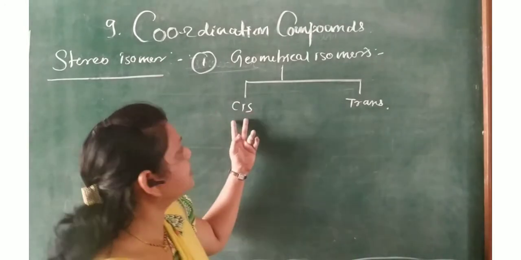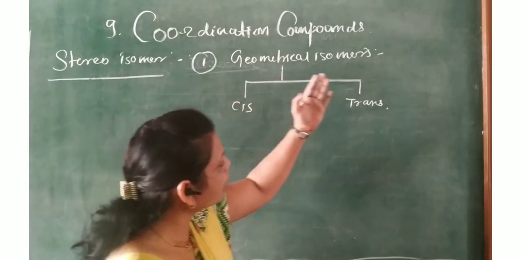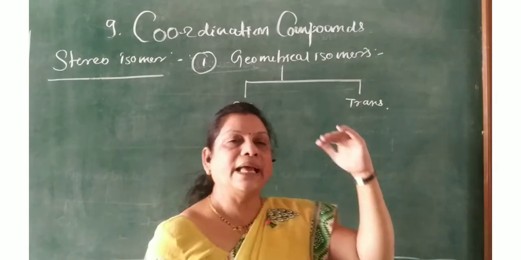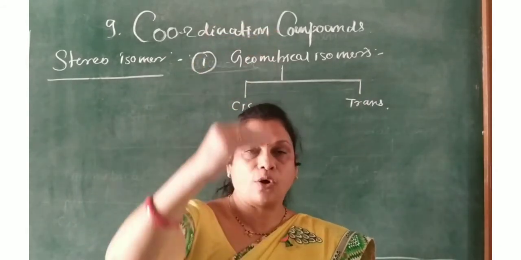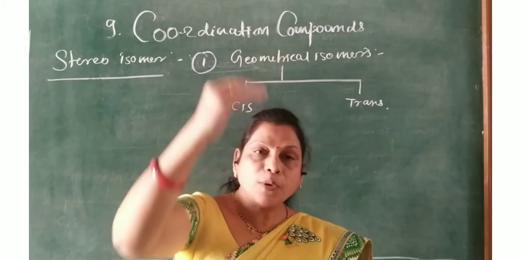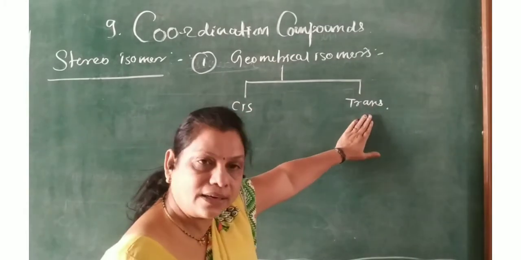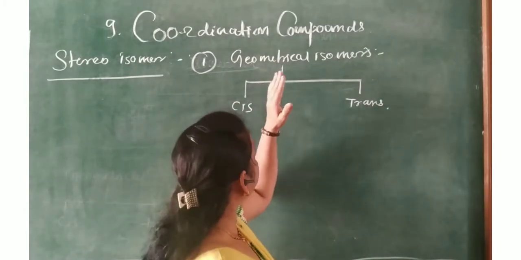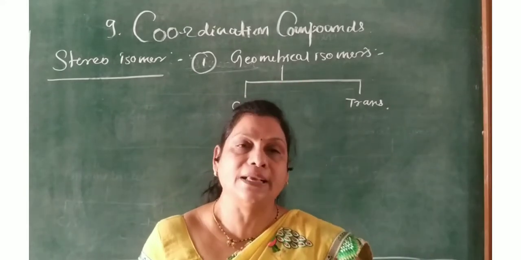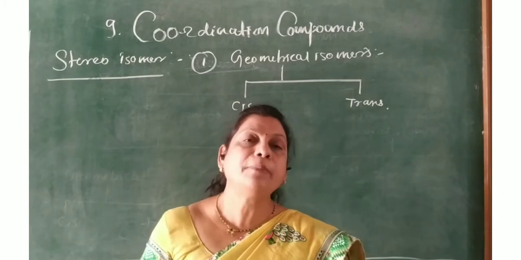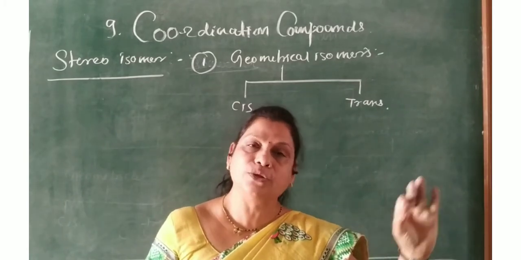Trans isomers have the same ligands present on the opposite sides of the metal, or in the opposite plane. These geometrical isomers are shown by heteroleptic complexes, and only heteroleptic complexes show this isomerism.